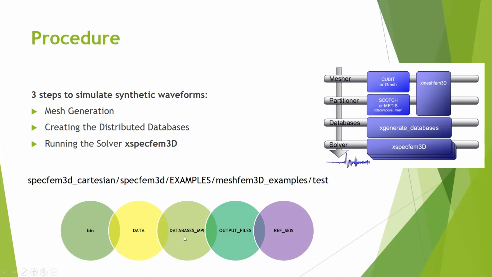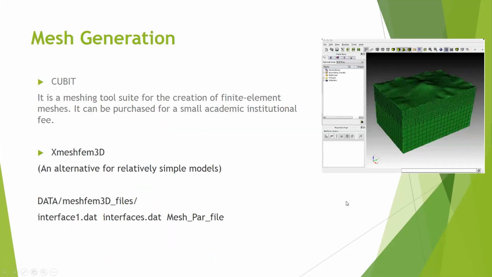This database MPI folder has the output, and the output files folder will have some other outputs of this program. If you just need to simulate synthetic waveforms, you don't need to care about this folder. This ref_sys folder is used to include the observed data, which is used for things like adjoint tomography. So let's go to the first step, how to generate a mesh.